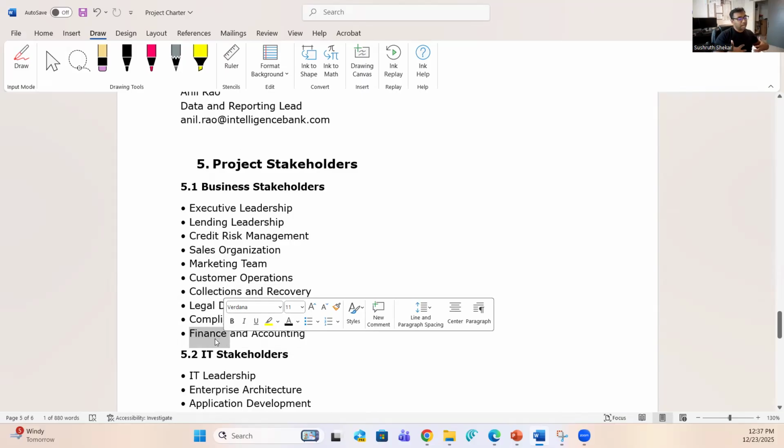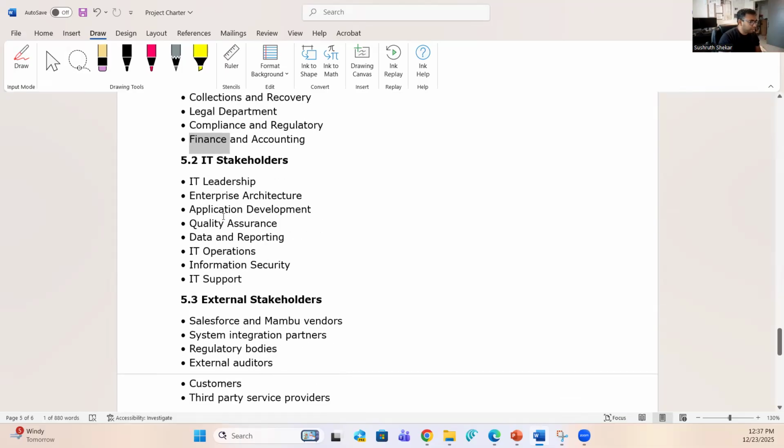These folks are not extensively working on the project, but they are impacted by it. When it comes to IT stakeholders, there's IT leadership, architecture team, app dev team, quality assurance, data and reporting, IT operations, information security team, IT support. As teams, they are all impacted by the project.